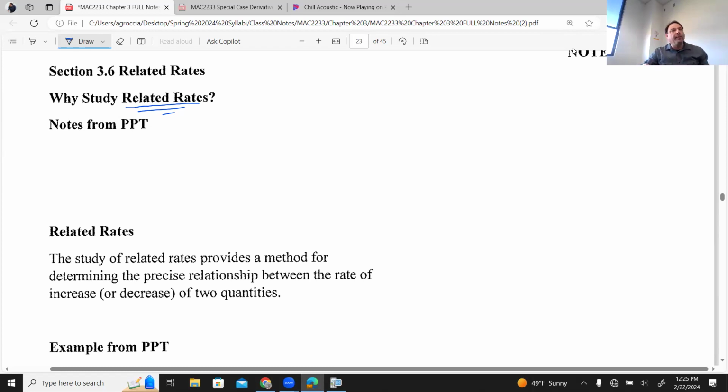It's going to seem a little weird in the beginning because a lot of things are going on, but the study of related rates provides a method for determining the precise relationship between the rate of increase or decrease of two quantities. So the term rate, like for example, miles per hour, feet per second, is going to be involved. There's going to be rates involved, how things are changing. And it's a little weird. Just bear with me.